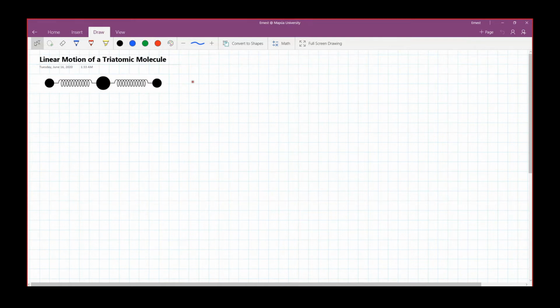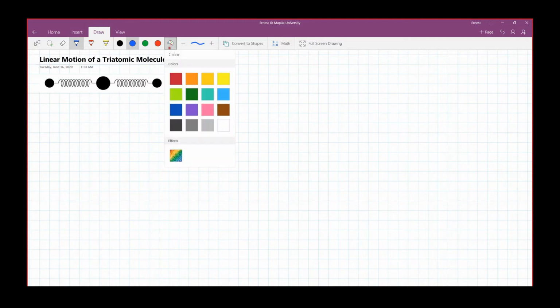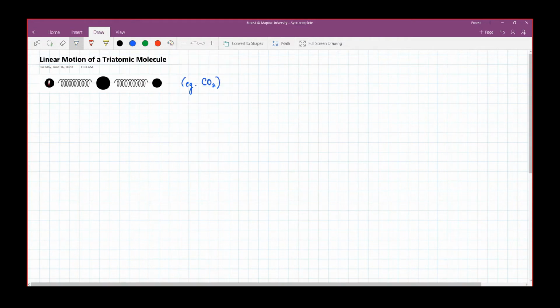An example of which is a carbon dioxide molecule. Typically the central atom is heavier, or of different mass, than the end atoms. So let's call this atom number 1, this is atom number 2, and this is atom number 3.